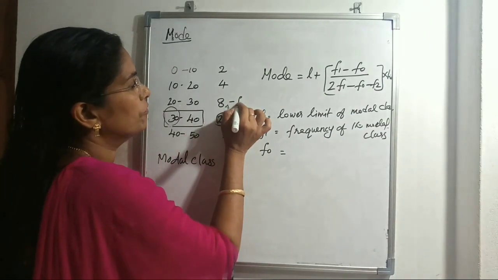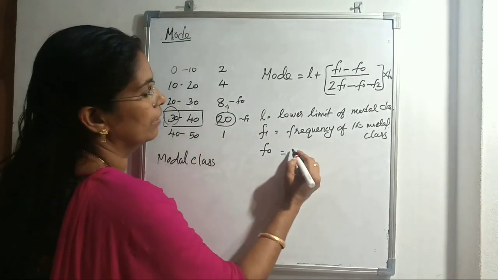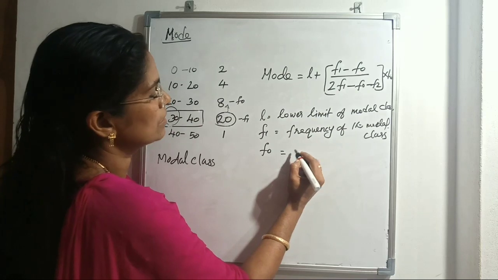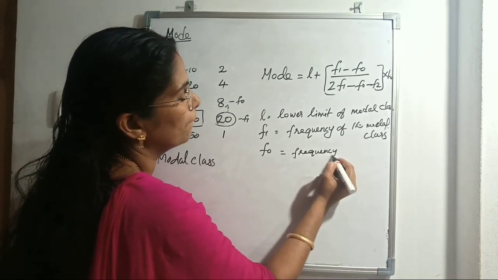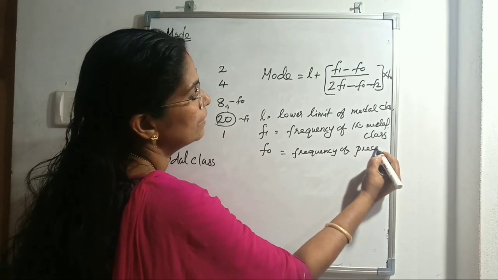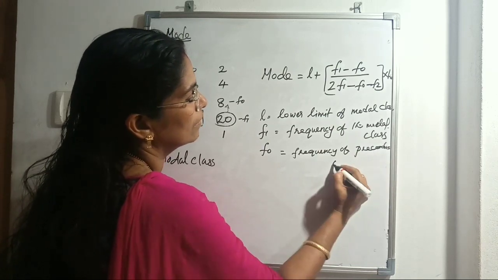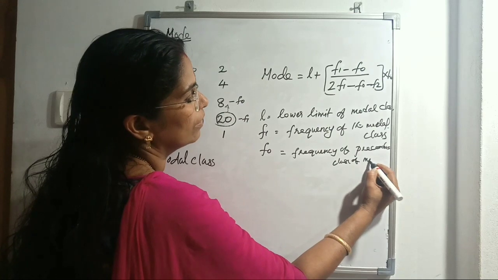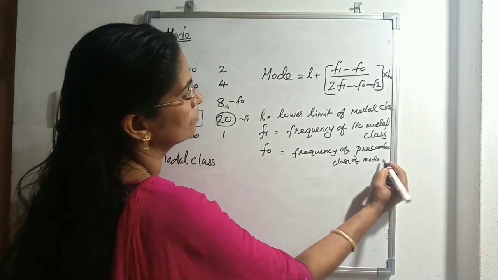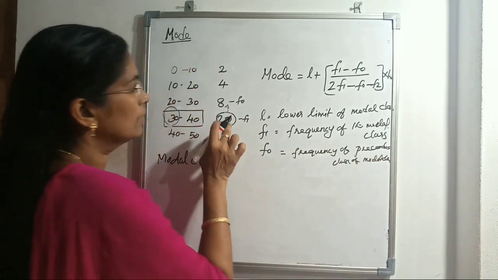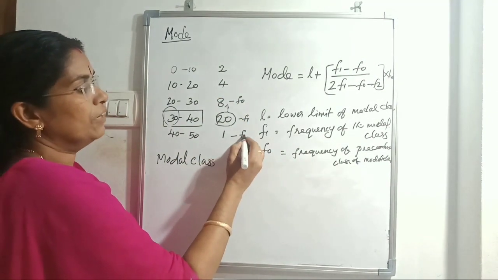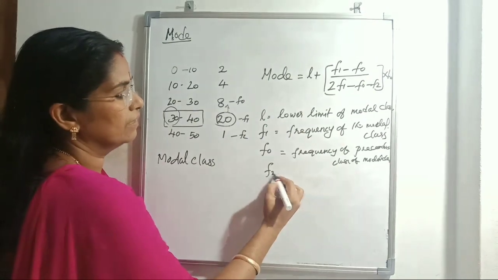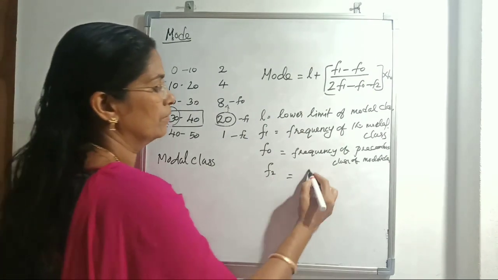Here this is F0 and this is F1. F0 is the frequency of the preceding class of the modal class, and the modal class frequency we are saying as F1. So what will be F2? The succeeding class of the modal class.